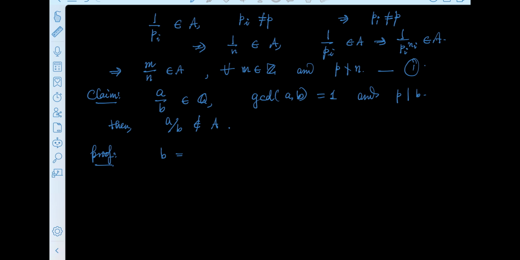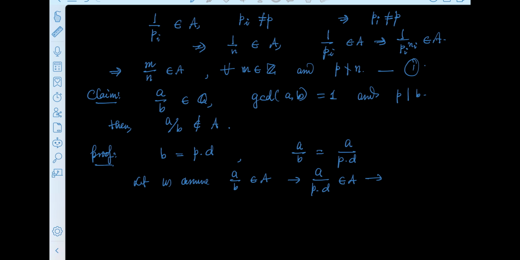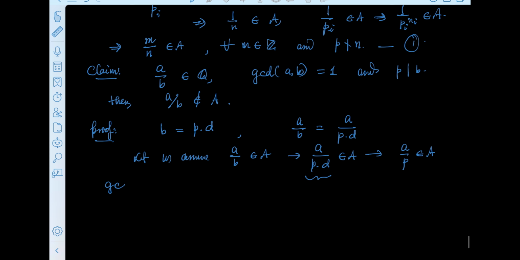So P divides B means B equals P times some D, right? So A by B equals A by P times D. Let us assume, for the sake of contradiction, A by B is inside A. That implies A by PD is inside A. That will imply, just add this guy D times, because A is a subring, that A by P is inside A. And this rational number is in reduced form, so GCD of A comma B is 1.